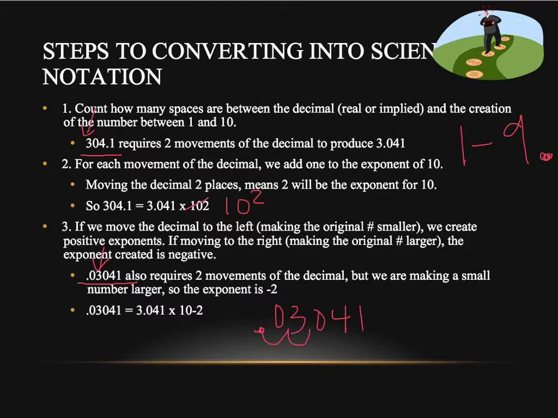So again, 2 movements, but because we are requiring this number to get larger, right, we're representing 3.041, which is larger than 0.03. We represent that exponentially by making the exponent negative. So 10 to the negative 2 here. 3.041 times 10 to the negative 2.